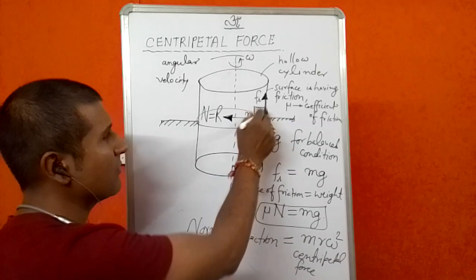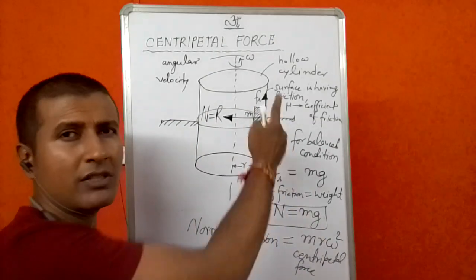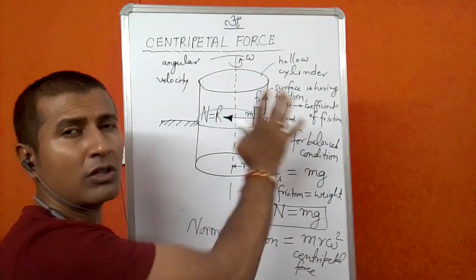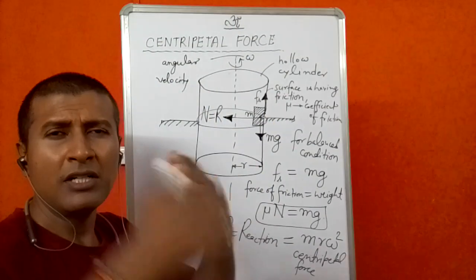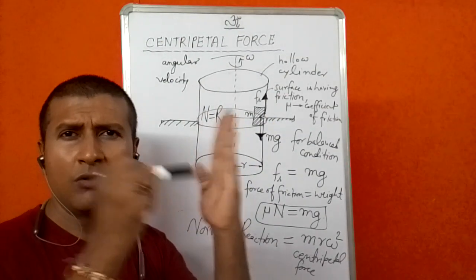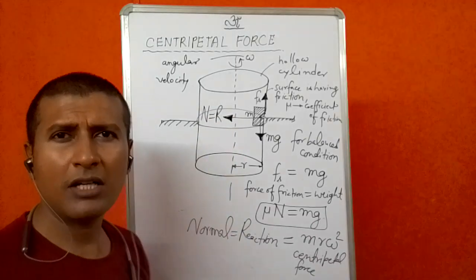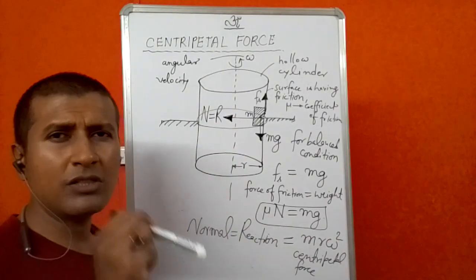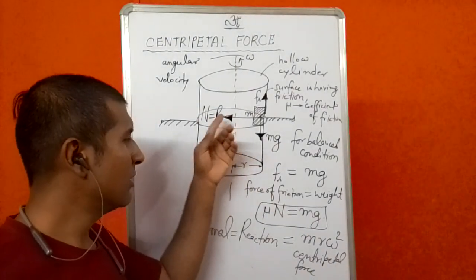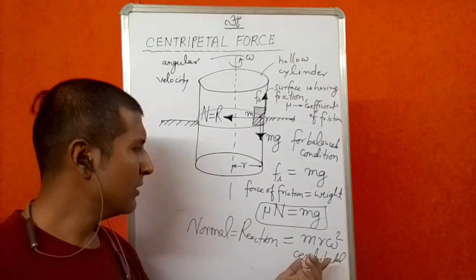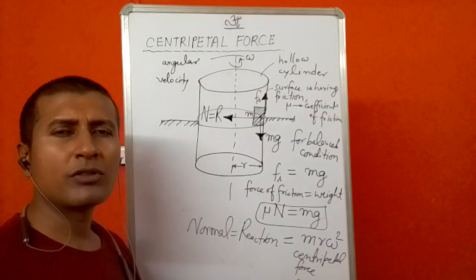Through the reaction of the surface of this hollow cylinder, right? It is having a surface. Now, at this particular point, you see the reaction is there. Are you getting? So, due to this reaction, this particular body is getting the centripetal force, right?